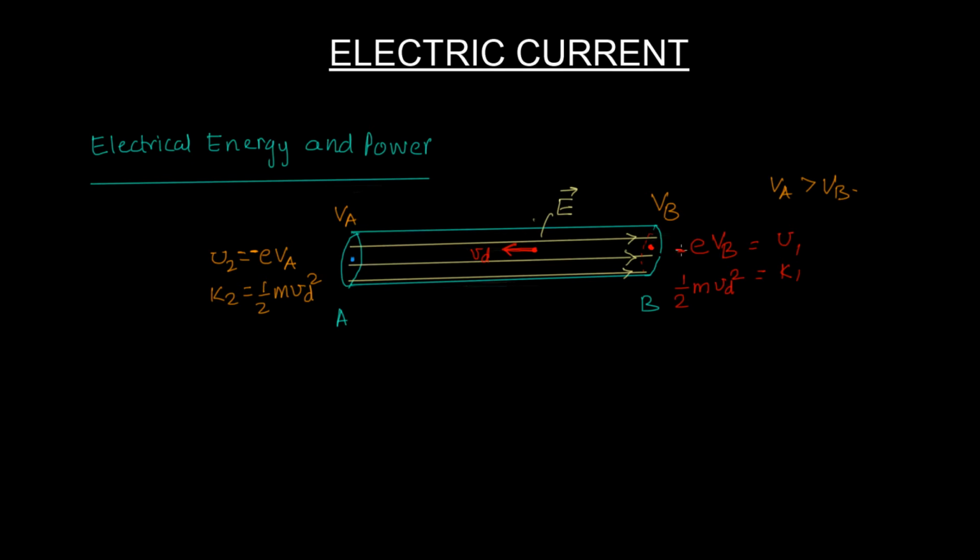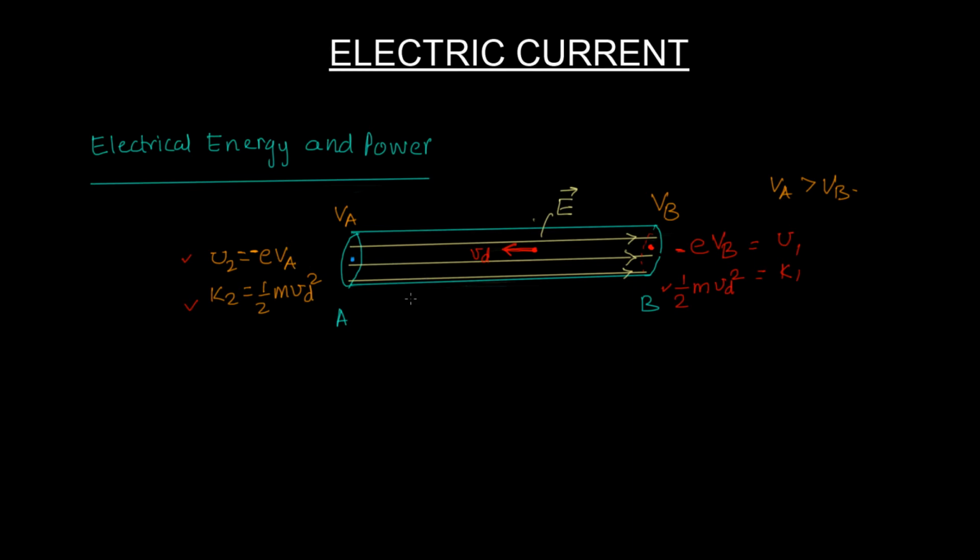Because the charge is a negative one. Now see, the kinetic energy remains the same, so there is no change there. The potential energy here is more. Is it more or is it less?